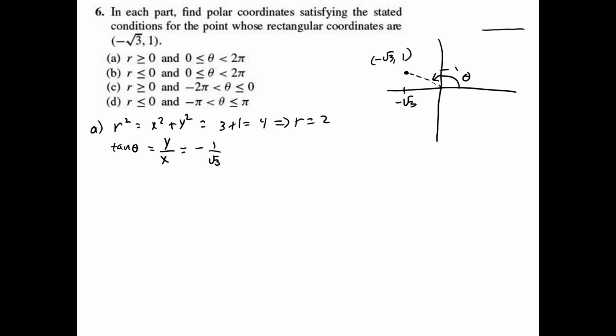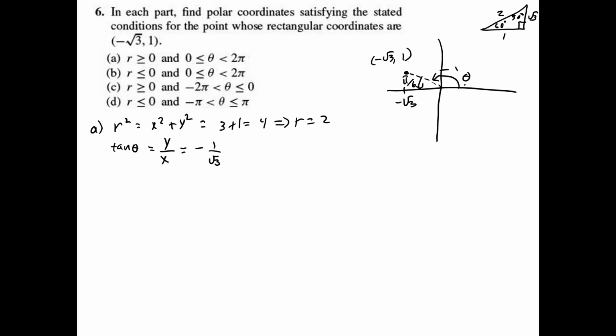You should recognize that as possibly being a nice ratio from the 30, 60, 90 triangle. So this was 60 degrees, this was 30 degrees, this was 1, this was 2, this is the square root of 3. Tangent is opposite over the adjacent. So then the tangent of 30 degrees is 1 over the square root of 3. So that gives us the reference angle, pi over 6.